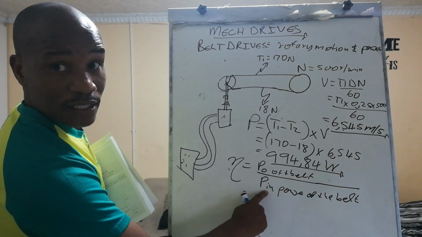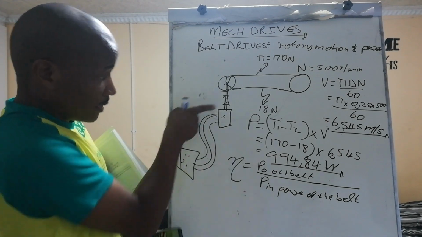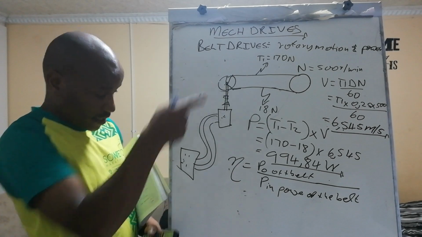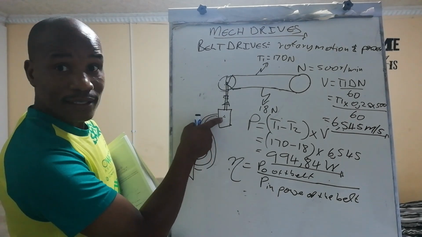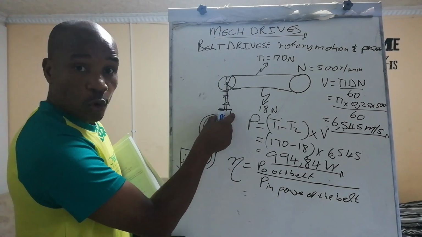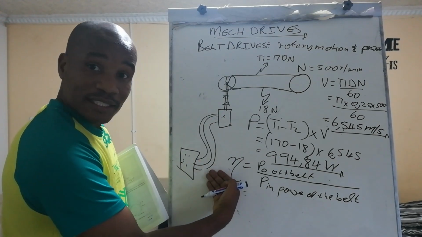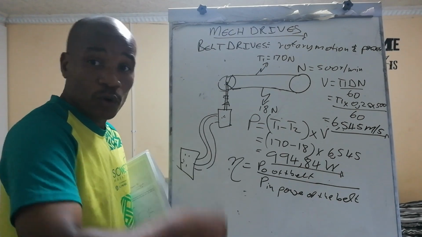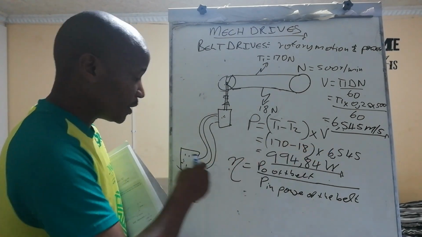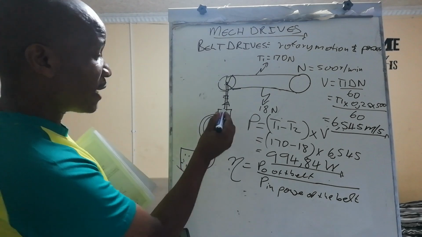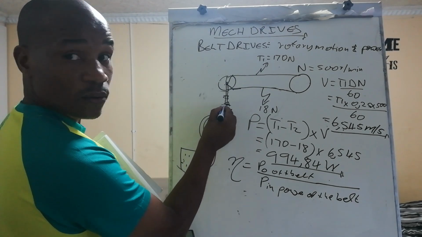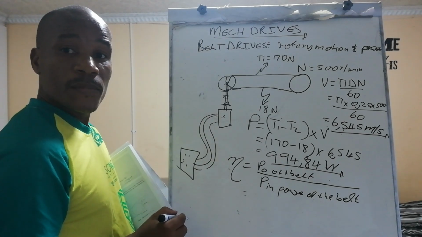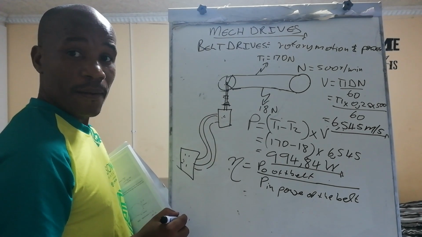This input is the output there. The input of the motor is this one. But the motor gets hot. If you touch the motor like this, it's hot. Why? It's because it is an indication that there are losses. That is why the output will never be equal to the input. But this output of the motor is equal to the input to the drive.